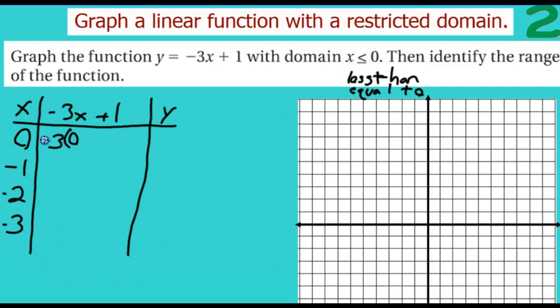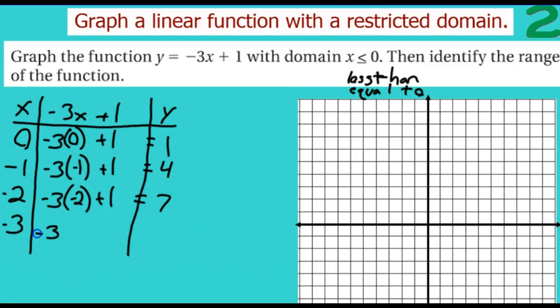So -3 times 0 plus 1. -3 times 0 is 0, plus 1 is 1. -3 times -1 plus 1. -3 times -1 is 3, plus 1 is 4. -3 times -2 plus 1. -3 times -2 is 6, plus 1 is 7.